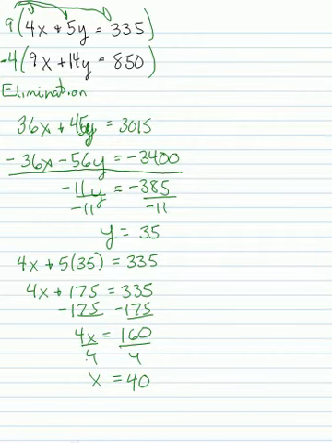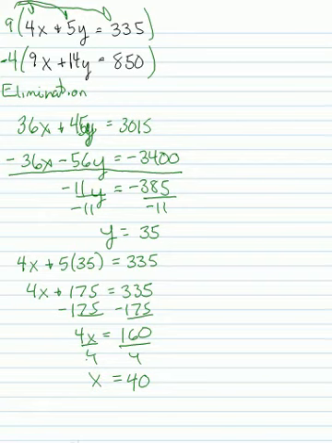So we have 9x plus 14 times 67, which is 938, minus 4 times 14 is 56 over 5x equals 850. I'm going to go ahead and do this in fractions. So this will be 45 over 5x. So 45 over 5 is 9.